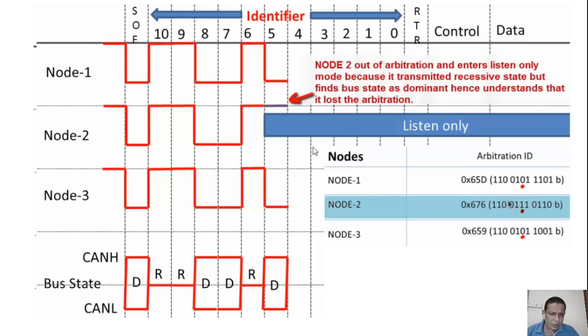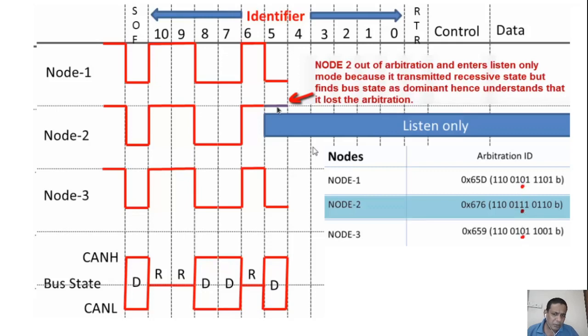Now check up to the 5th bit, all node 1, node 2 and node 3 will have the same digital format. And look into the 6th bit, only node 2 will change. Node 2 will be 1, so it is a higher value than node 1 and node 3.